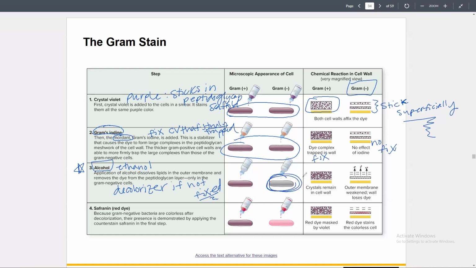If the mordant didn't fix it in place, it will decolorize it. You see how gram negatives decolorize here? We're going to wash out all of that crystal violet that didn't fix in place. Now, obviously, we fixed it in place with the iodine in our gram positives, so they'll stay purple.